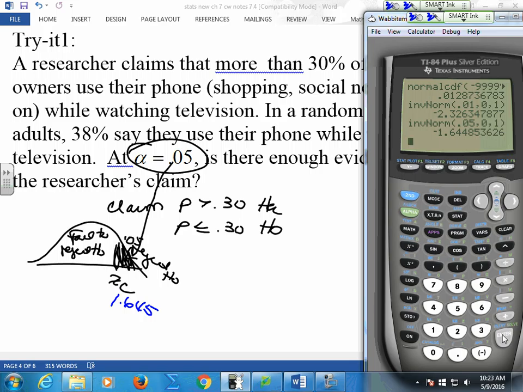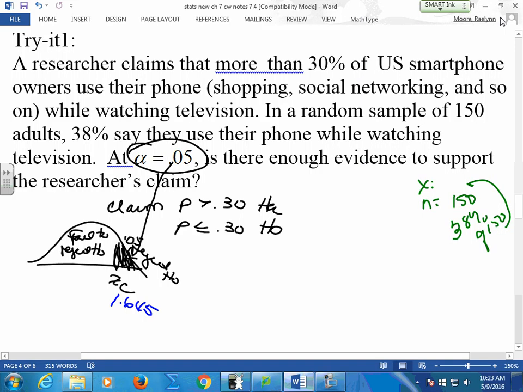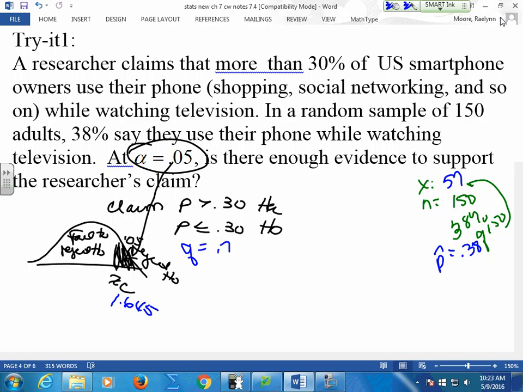Okay, so now I know everything that I need to know. I know my x. Did anybody figure out the x for this? 57. Okay. I know my p hat is 0.38. What's my q over here? 0.7. Okay. I know my n. So now all I have to do is use my formula.